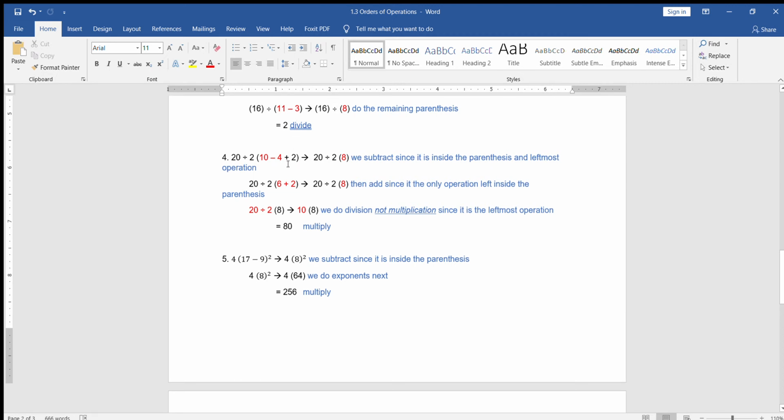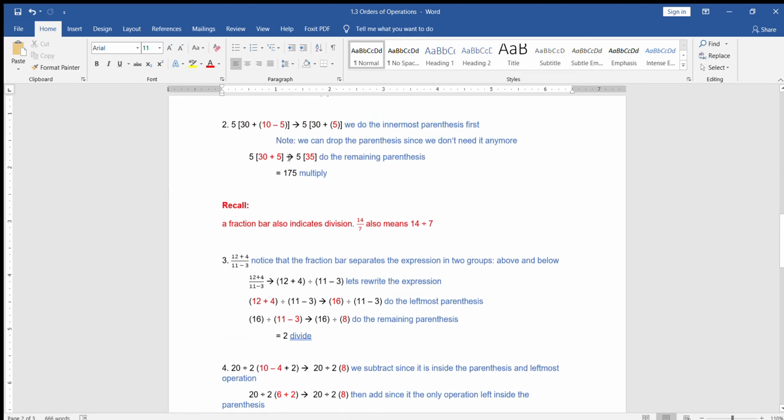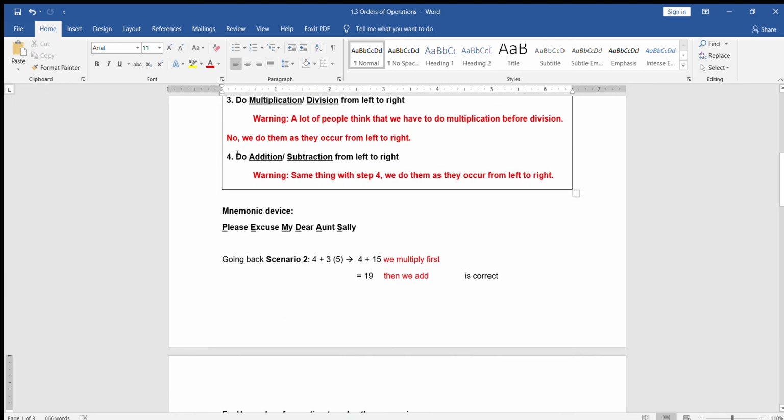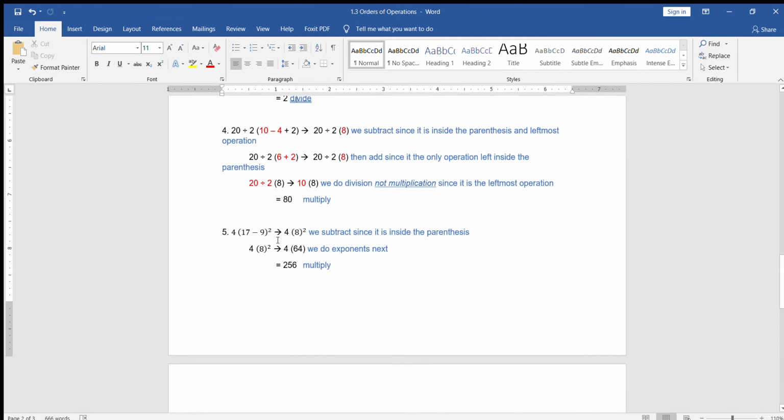But what you actually do is you do the operation from left to right, since they're on the same level. They're not addition first and then subtraction. They're actually on the same level, so the order matters. Where are we? So right here, 10 minus 4 is what we should do.